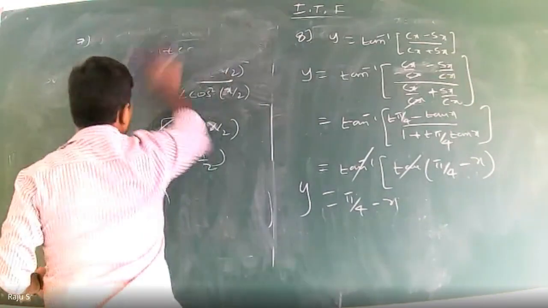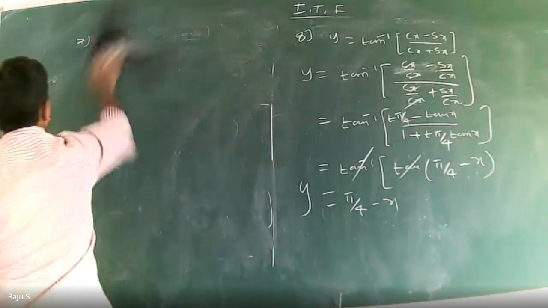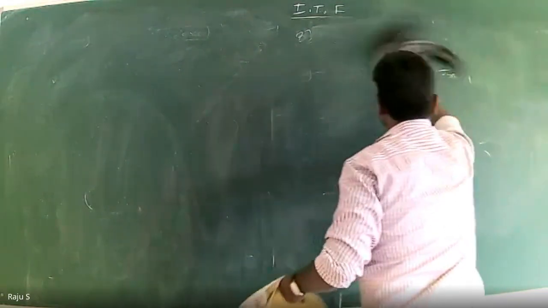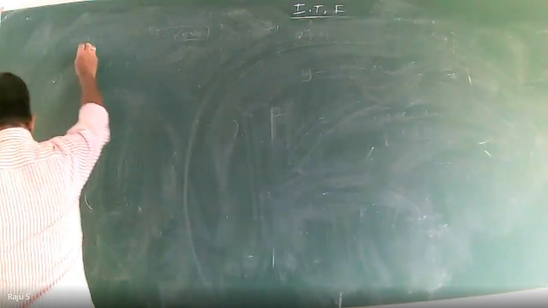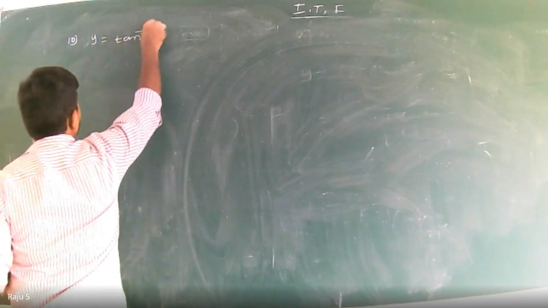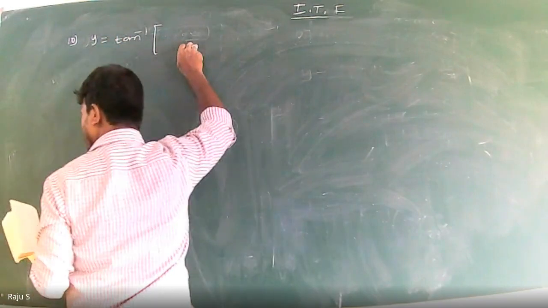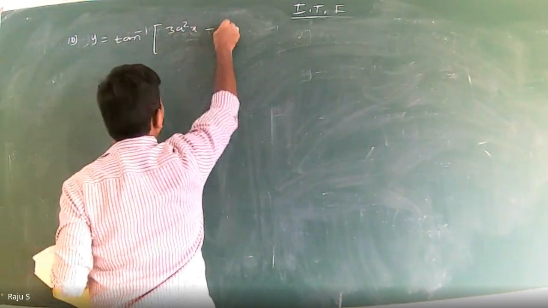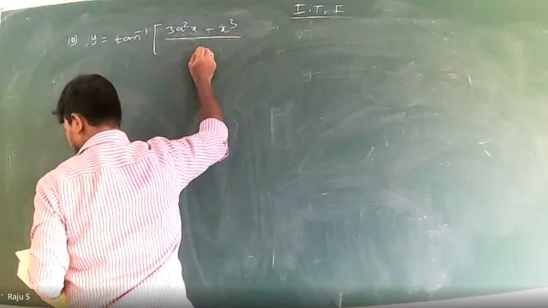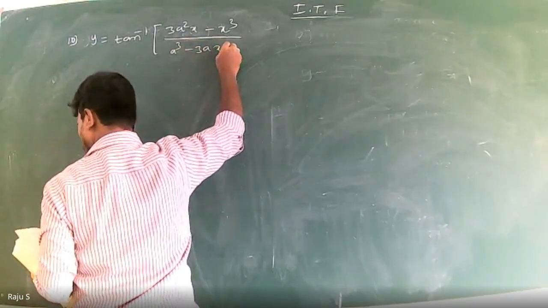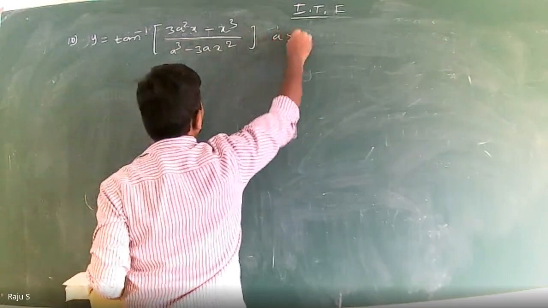Question number 10. y is equal to tan inverse of 3a square x minus x cube by a cube minus 3a x square, where a is greater than b.